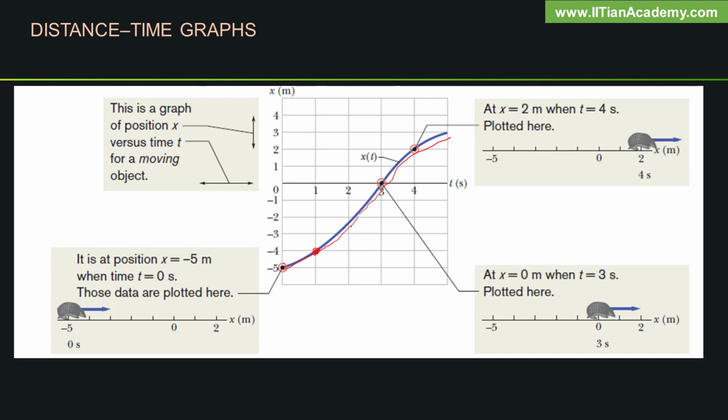Slowly and slowly, at t equals 3 second, mouse moves to position x equals 0. After t equals 4 second, mouse moves to a position x equals 2 meter. Now you have learned how to read this distance time graph.